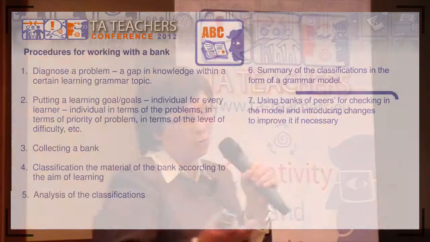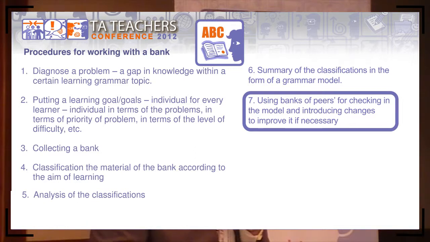They have these preliminary hypotheses. They take other students' banks and they check them. They check if their hypotheses work with other examples. That is how, in fact, these materials and these banks are used during my lessons and in my experience.